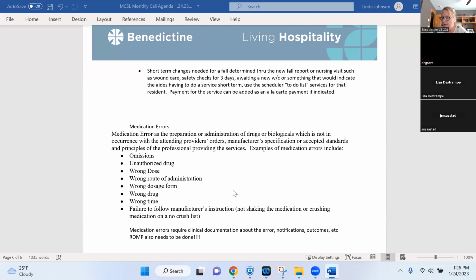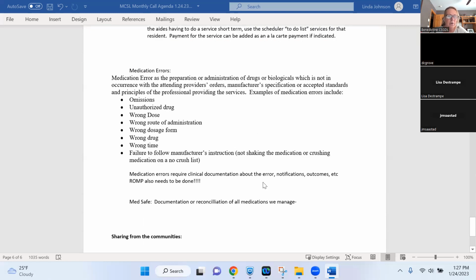There are 4 things on that. But this is one place we do have to improve on, because a lot of times what we're seeing is the nurses just correct the error, but we don't document the error. But we need to document it in the clinical note and we need to document it in ROMP. So there's lots of different times we have to do ROMPs.